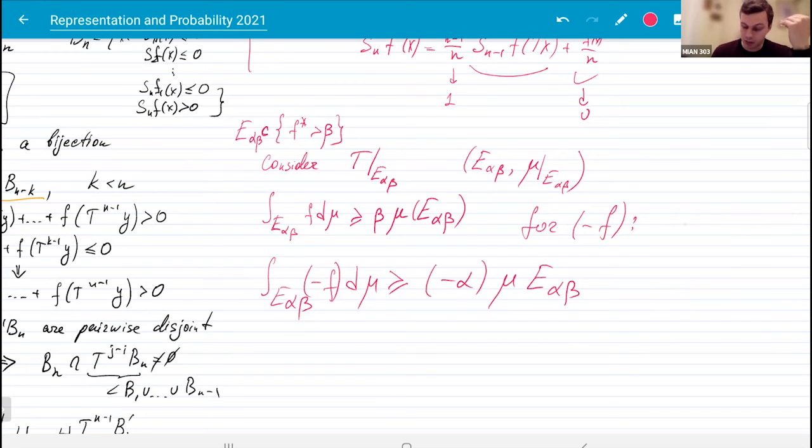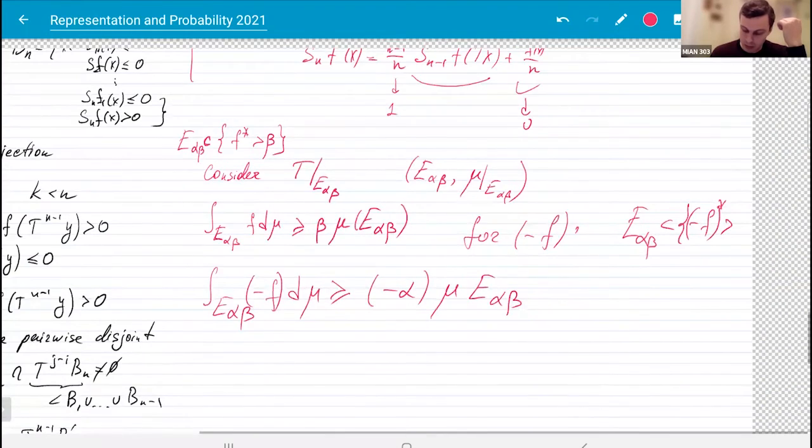So now, for minus f we have minus f star. Well, let us write it down as follows: E alpha beta is a subset of the set where minus f star is larger than minus alpha.